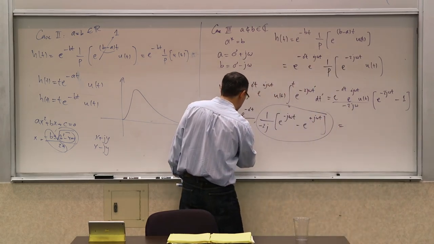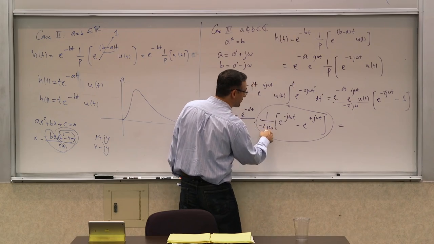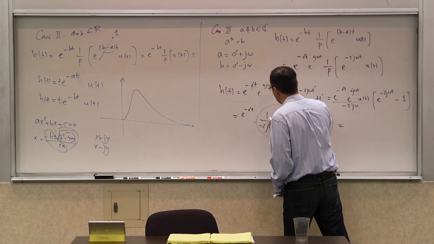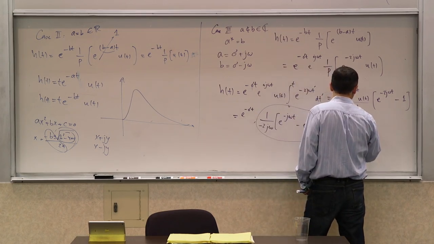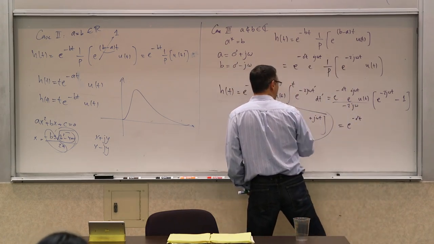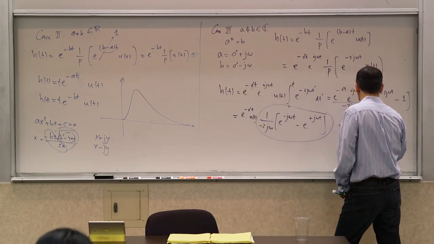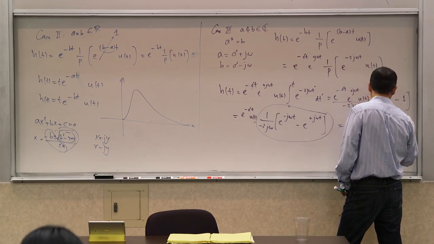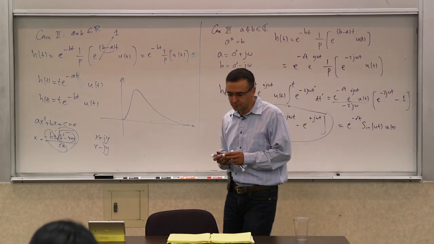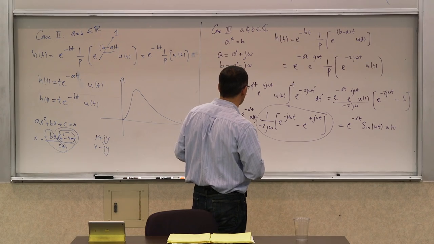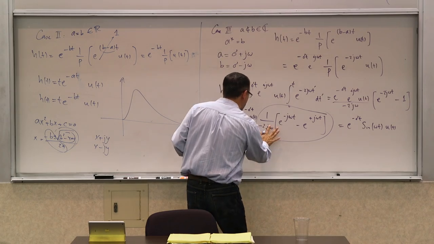So what you're left with is, actually, I have to bring this omega down here too, because if I want to make it the sine. So it becomes e to the negative sigma t, and I drop the u of t at some point, just put it back. Sine of omega t u of t. Wait a second, no, I shouldn't put the omega back here.